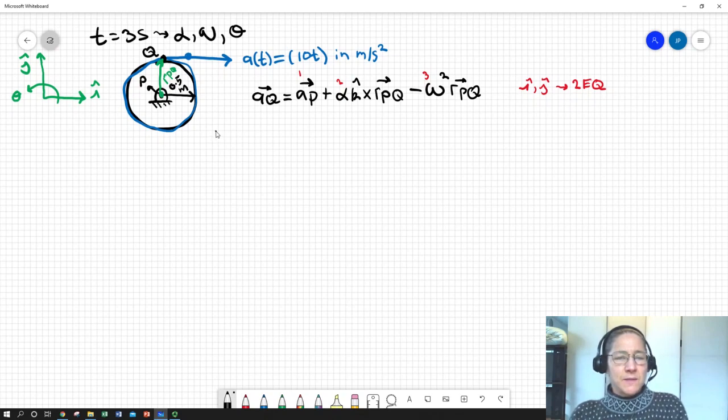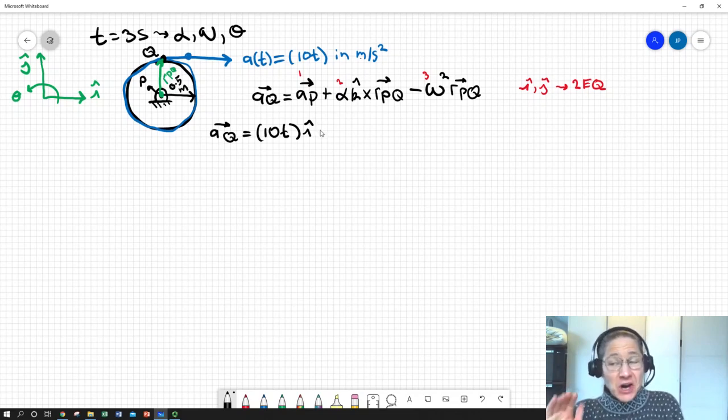We can say the acceleration of point Q is equal to 10t i hat. We'll just note that it's in meters per second squared. We would have to put units on our coefficient here to get it all to work out when we start integrating and using seconds, so we're very cautiously going to drop the units there. Not recommended as a general practice.